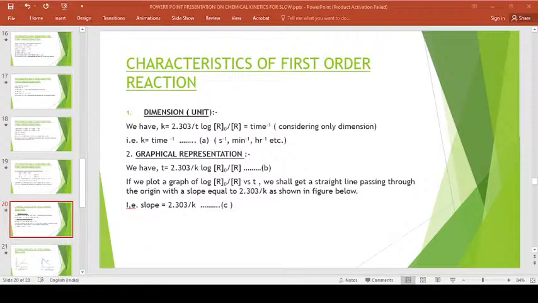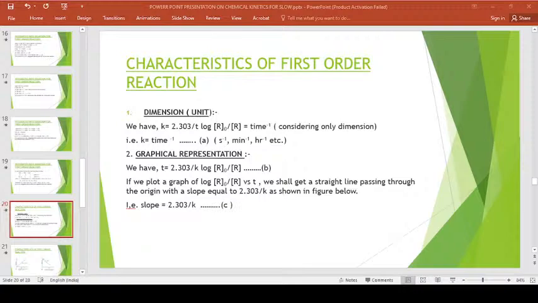Likewise, in order to form the product by combining the reactants together, some minimum amount of energy is required. That minimum amount of energy required for forming the product by the reactant molecules is called activation energy, and it is denoted by Ea. Please look into this definition of activation energy.